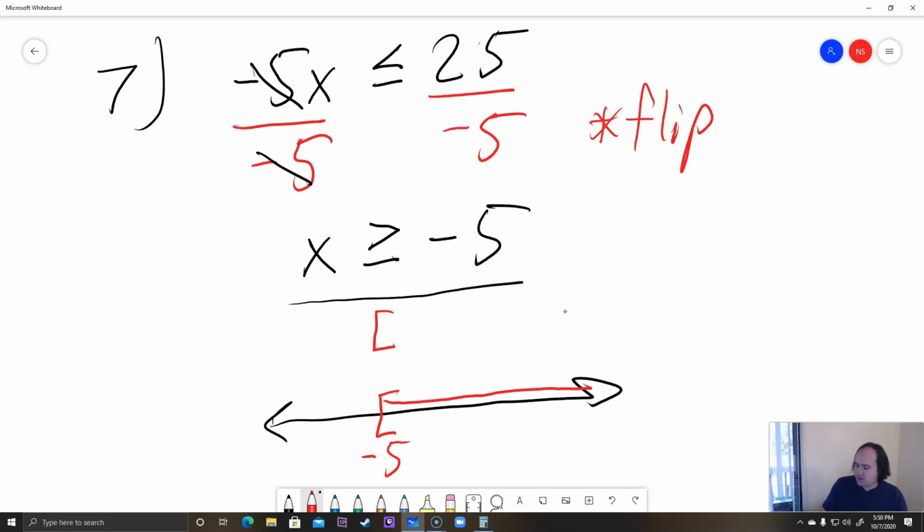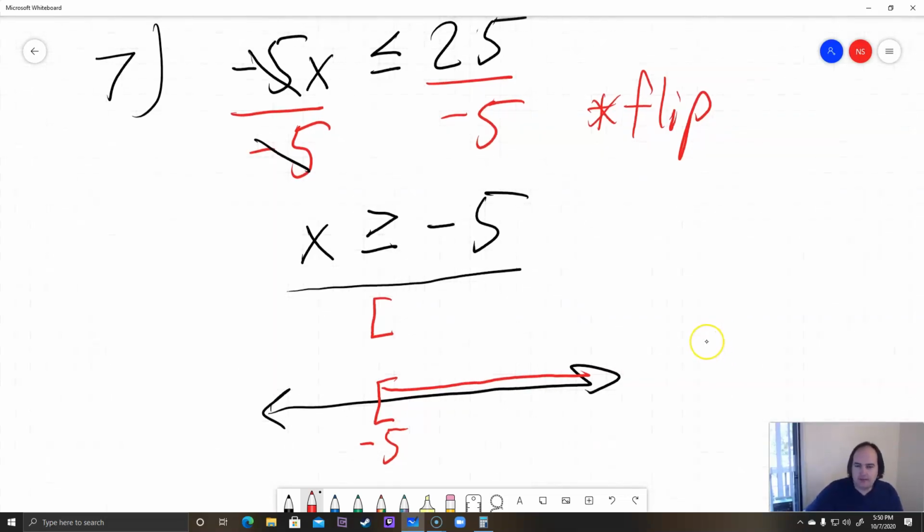And remember, the right side of your graph is the same as positive infinity. So there's positive infinity with a parentheses. And then 0 would be somewhere over here. Okay, so there's our graph.